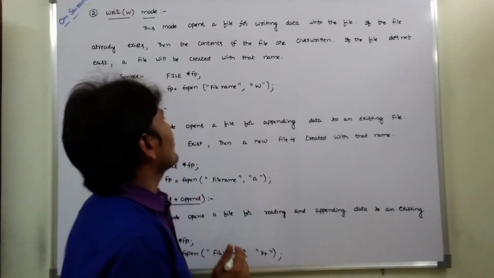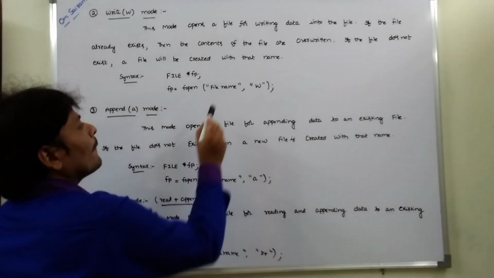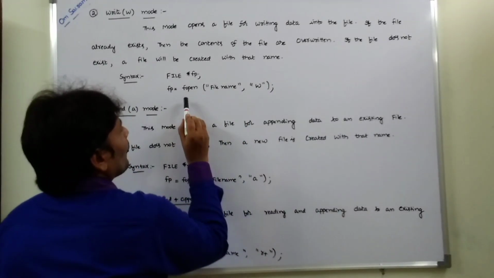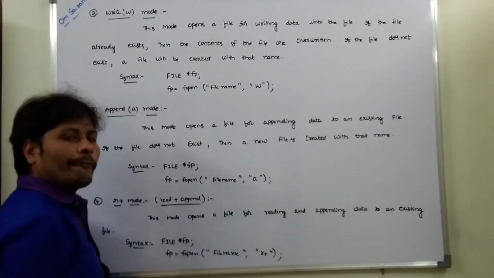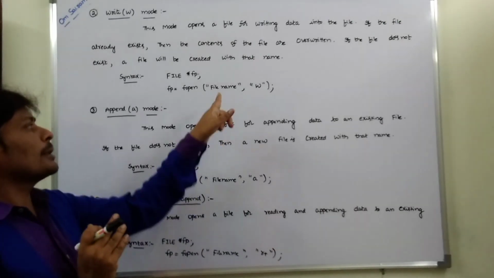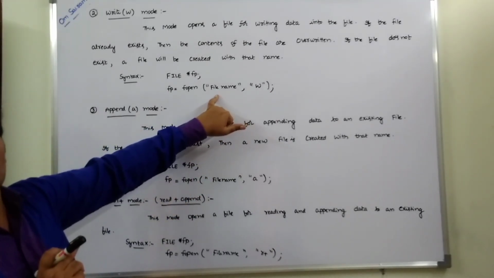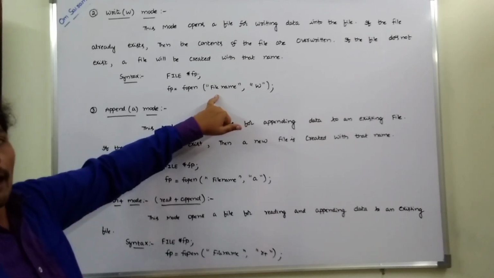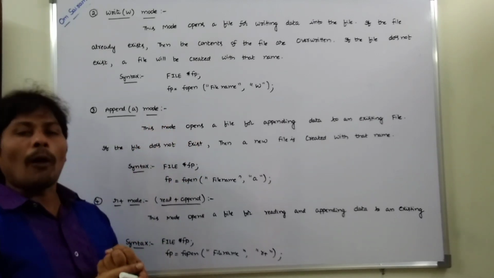The syntax is file pointer fp is equal to fopen, file name, w. Here this file is opened in write mode for writing the data into the file. If the file already exists, whatever information is stored in the file is overwritten with the new information, so the previous information is lost.